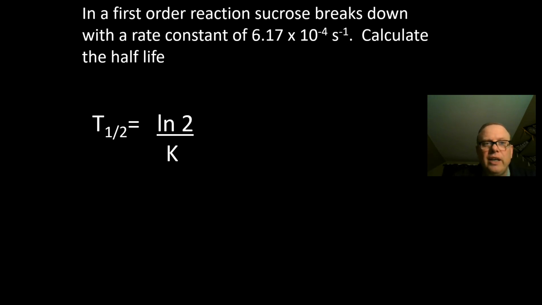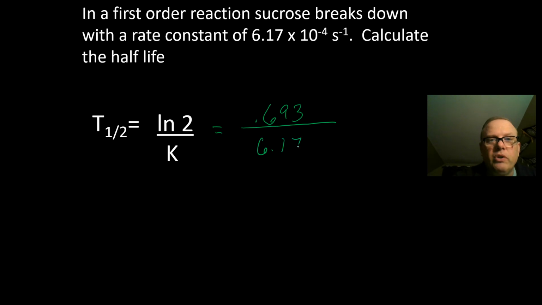Here is a second example. It's a first order reaction, same thing with sucrose here, and calculate the half-life. So to get the half-life, we're simply going to take the natural log of 2, get used to doing it on your calculator, it's 0.693, divided by k, which is 6.17 times 10 to the negative 4.